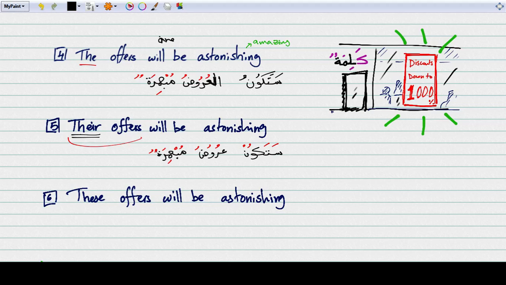Next thing is it's their offers. So basically in this case, what's equivalent to their is the attached pronoun hum. Okay, let's write this in a nicer way. عروضهم.